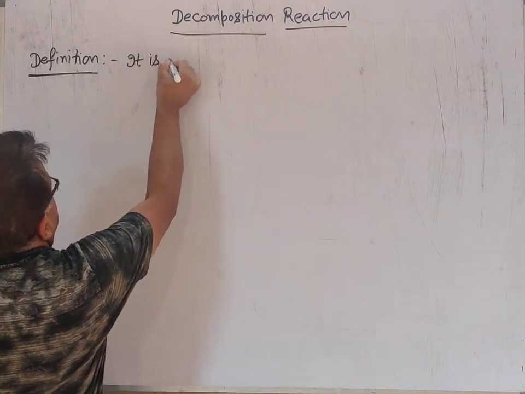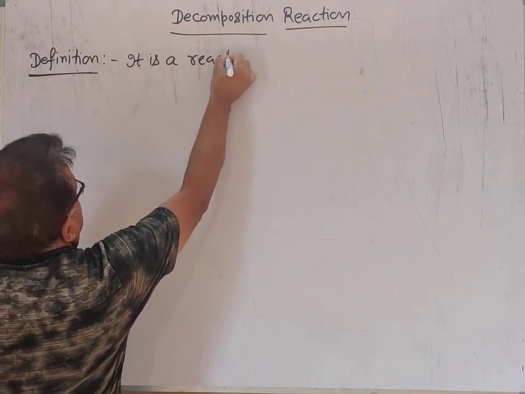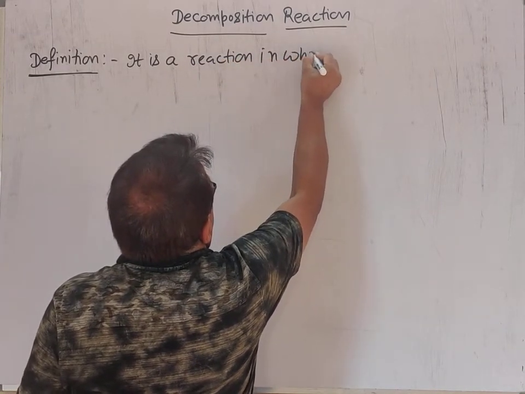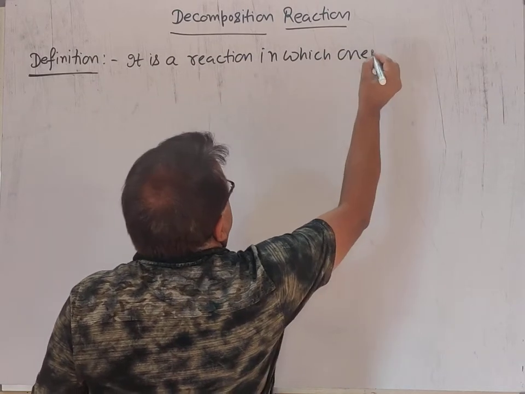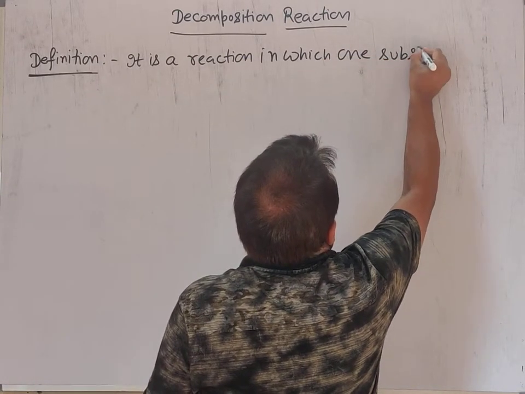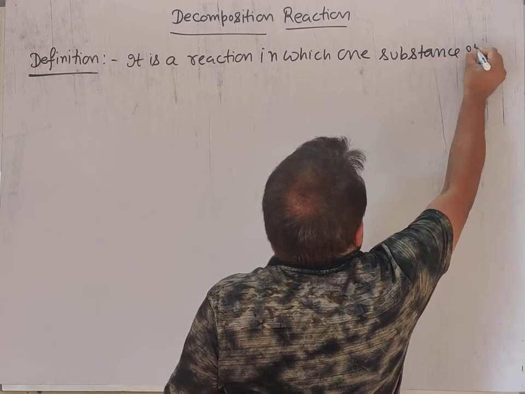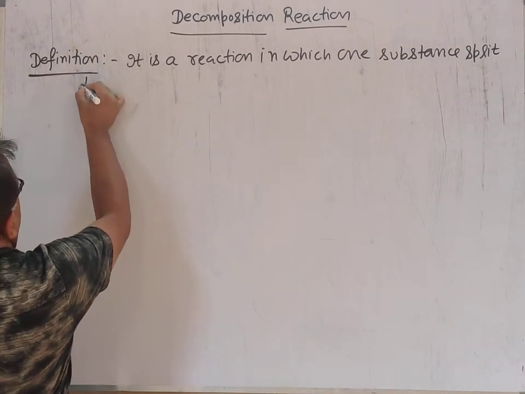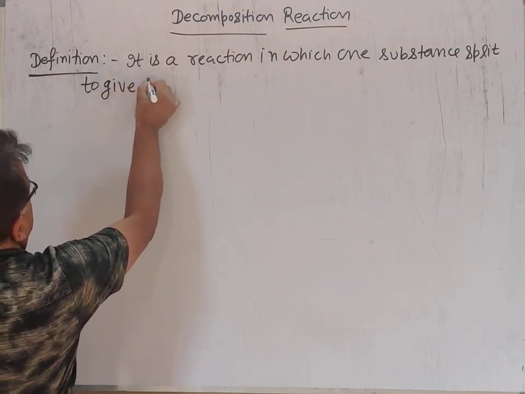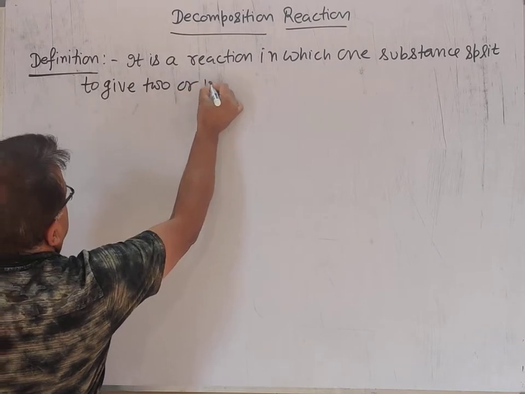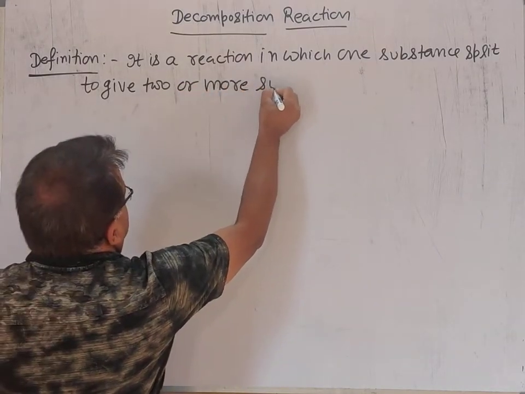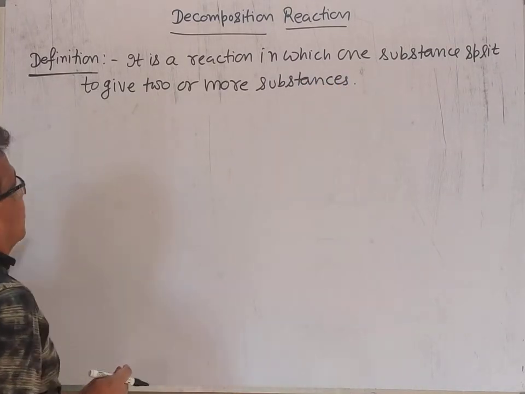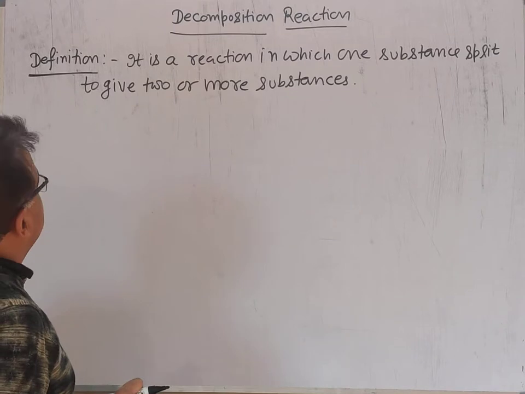It is a reaction in which one substance, that is the reactant, splits, that is breaks, to give two or more substances, that is, the reactant is single and the products are more than one.